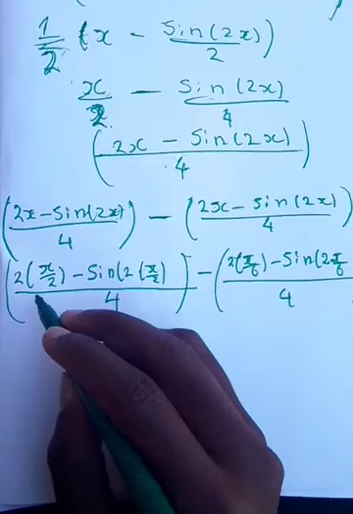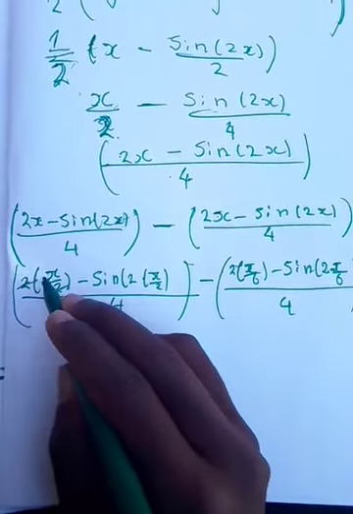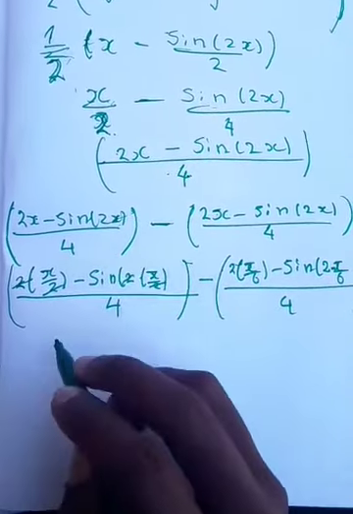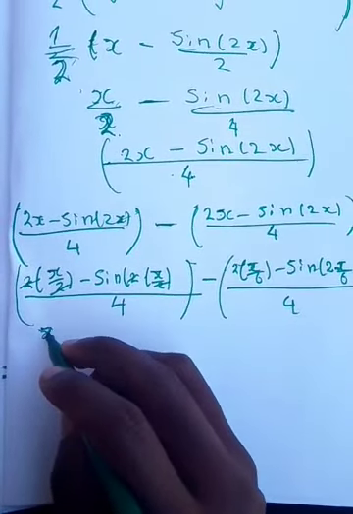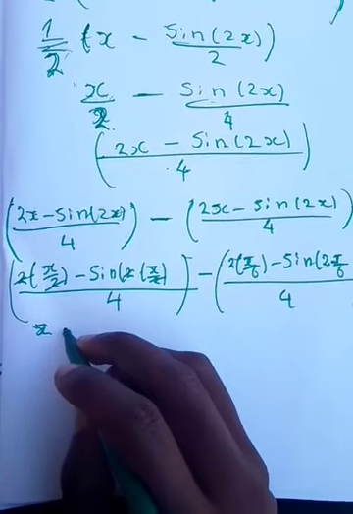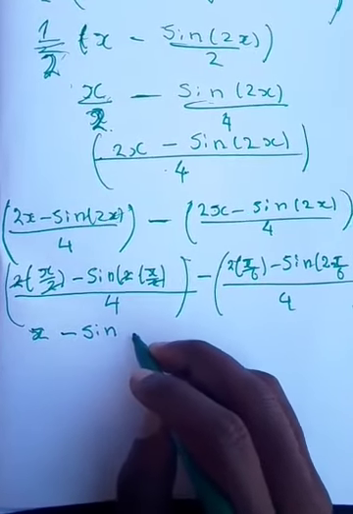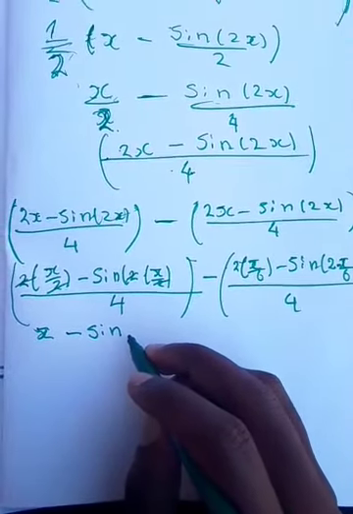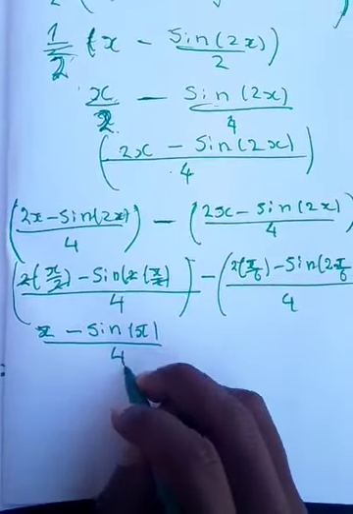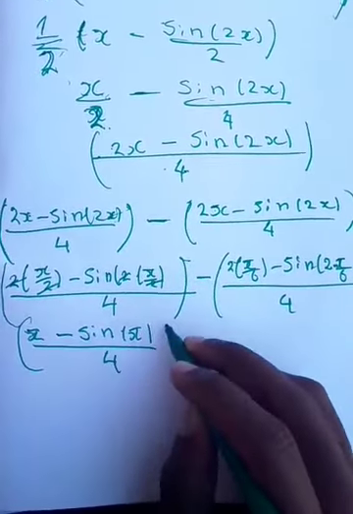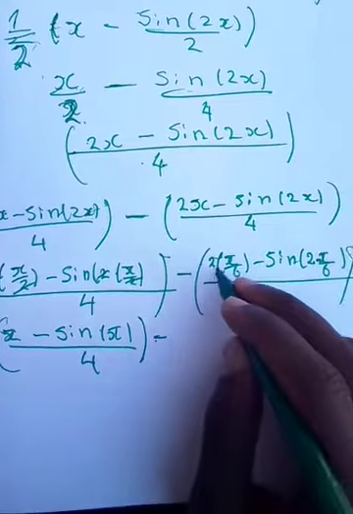So what I'll do right now is that you know that this and this can cancel, right? So I'll just remain with pi. And this can cancel, right? So I'll just remain with pi as well. Then here I've just remained with sine pi in brackets, and then 2 into 6 it is 3.